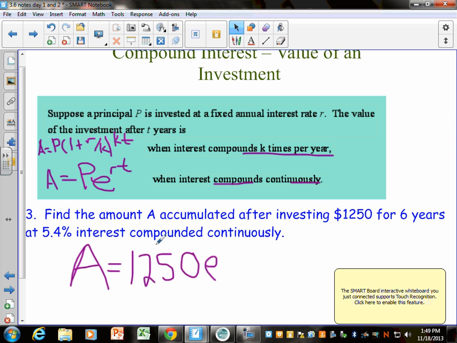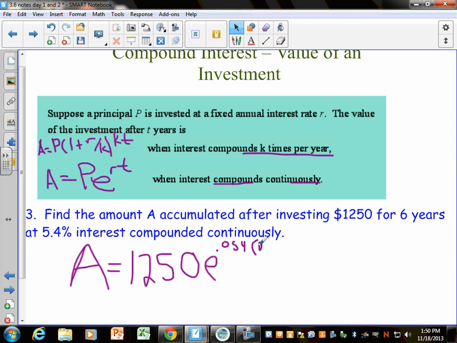Again, as a decimal here, right? So that should be 0.054. And we're going to put this in for 6 years, and again, that's a 6. When I do this on my calculator, when you hit e, it automatically puts that caret there. Just type 0.054 times 6.